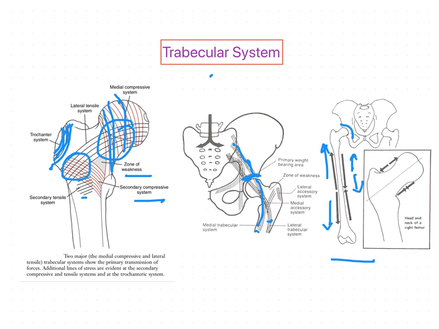If you stand in unilateral stance, it is found that peak contact pressures during unilateral stance can be observed at this area. And the contact area in females is significantly smaller than in men, with associated high peak contact forces.